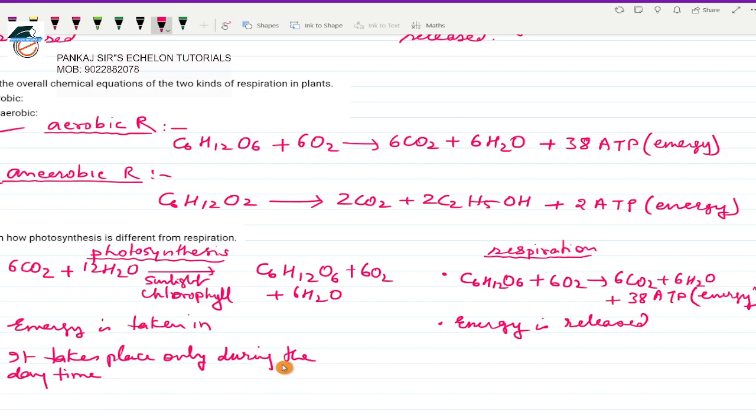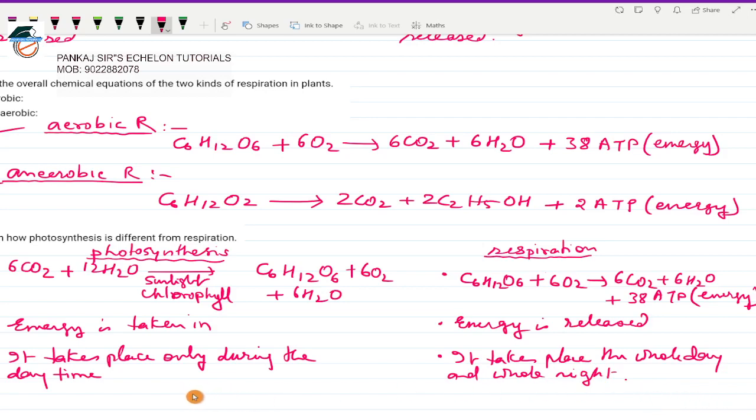At night you don't have sunlight, so it takes place only during the daytime. But respiration takes place the whole day and whole night. Respiration can take place during day as well as night. So that is the third point.